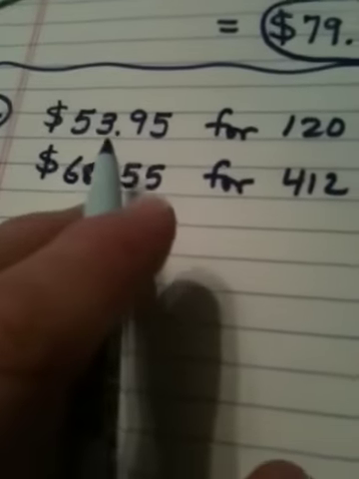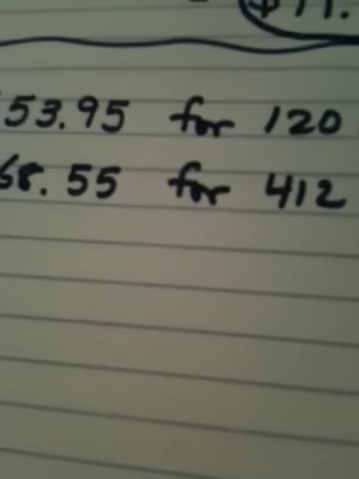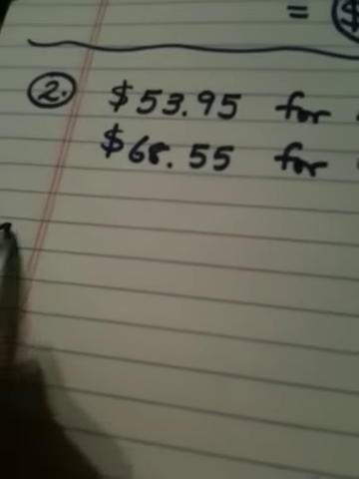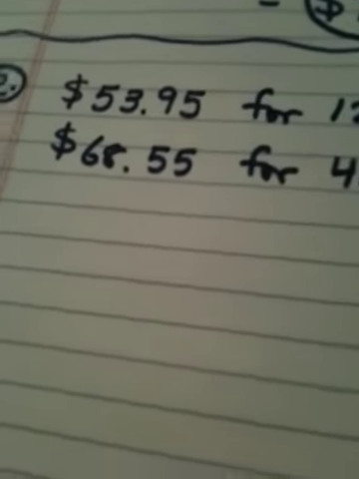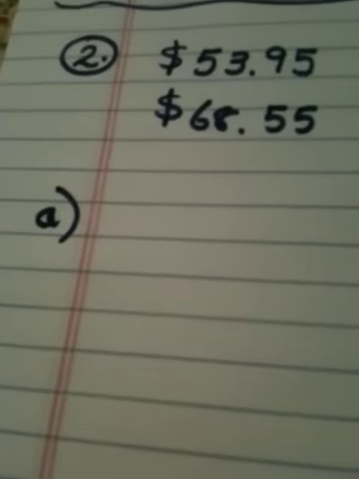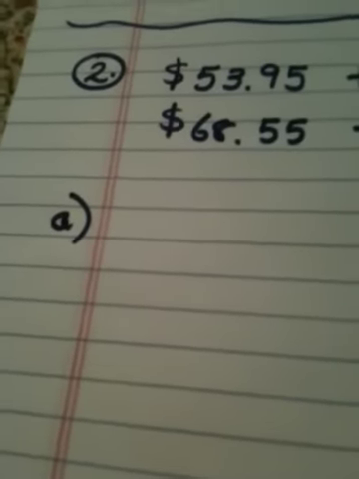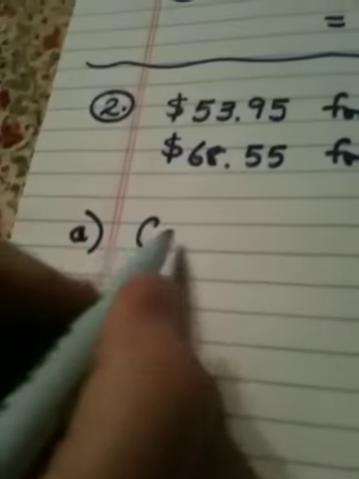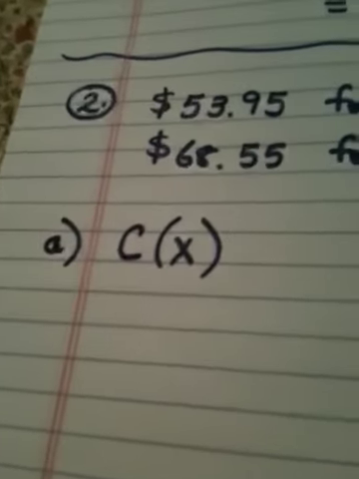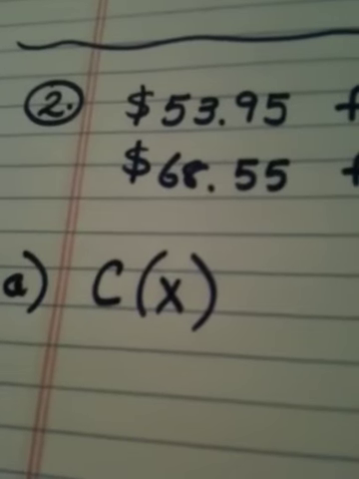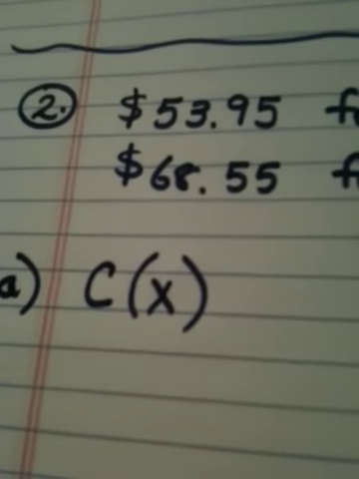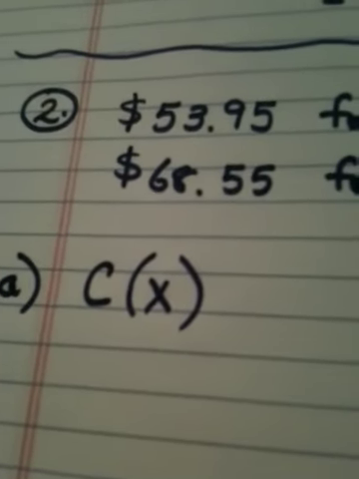Now, Part A of this problem says, express the monthly cost C as a function of X, where X is the number of minutes of long-distance calls made.